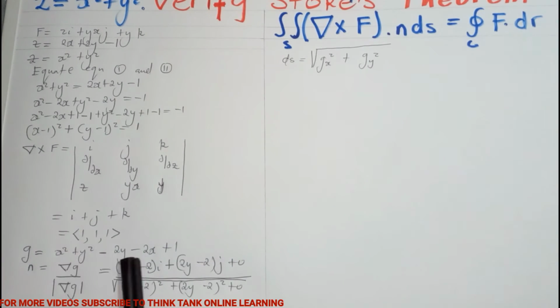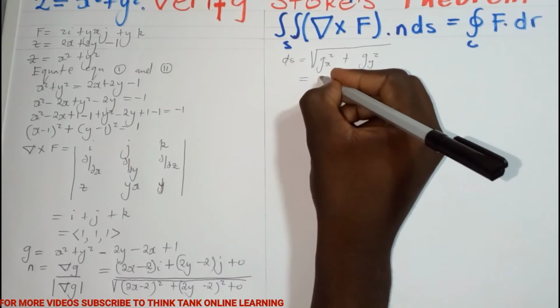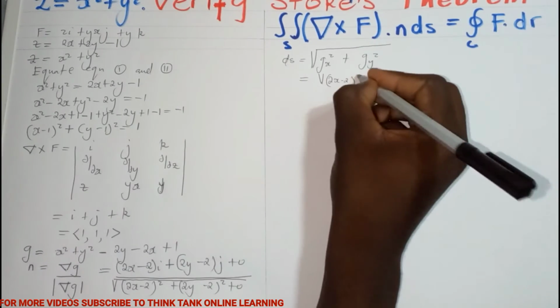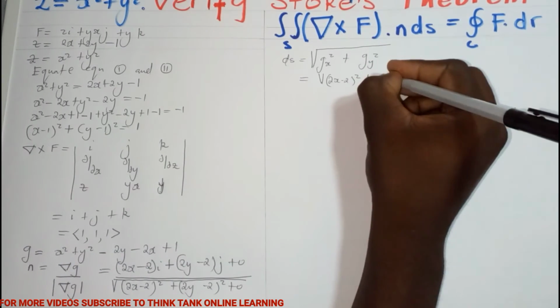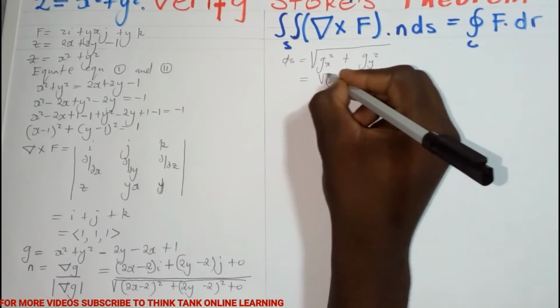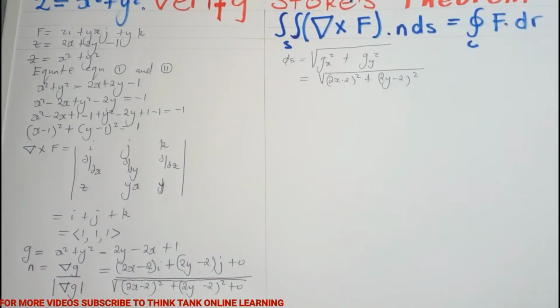But if we add z, we're going to say plus 1. So this is equal to the square root of (2x minus 2) squared plus (2y minus 2) squared.